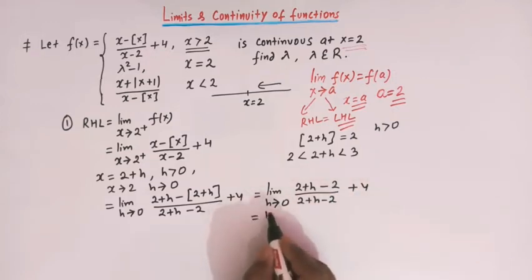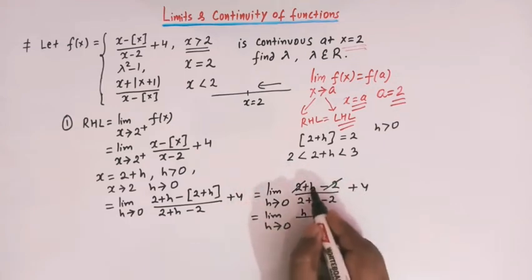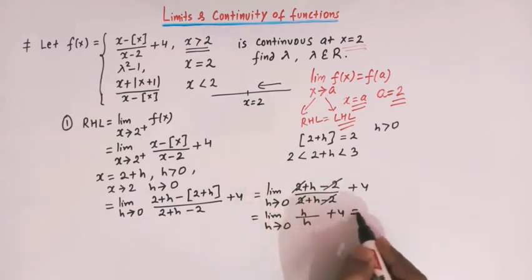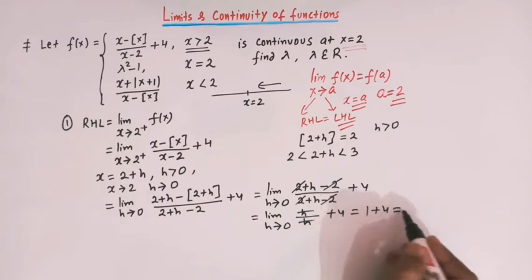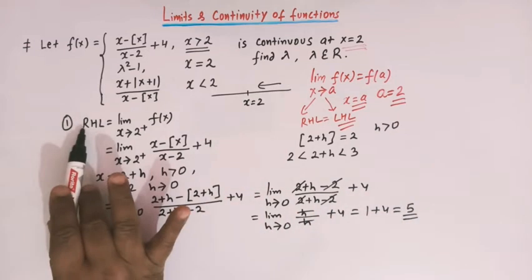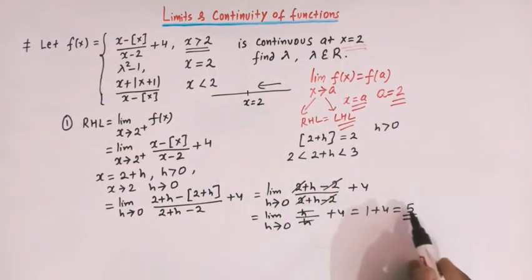The 2 and 2 get cancelled, we have h over h plus 4, and h gets cancelled, so this is 1, and 1 plus 4 is 5. So the right hand limit of this function at x is equal to 2 is 5.